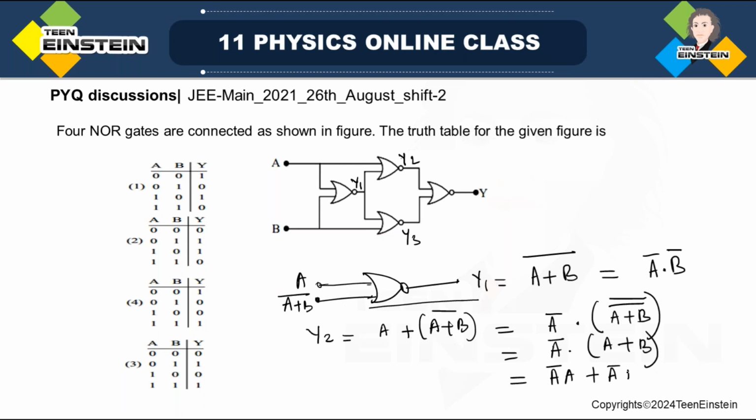A bar and B, so this will always become 0. So you get the output A bar B. So dear students, what we will get here is A bar B.